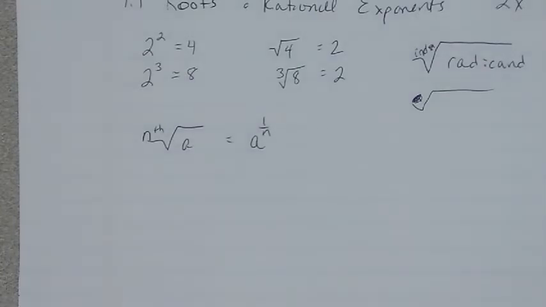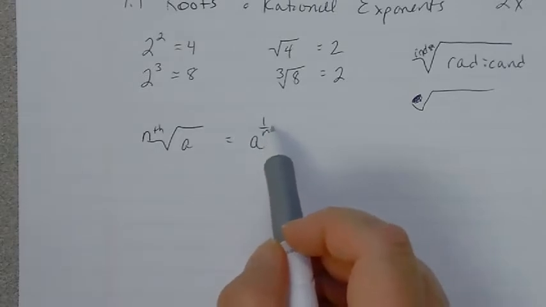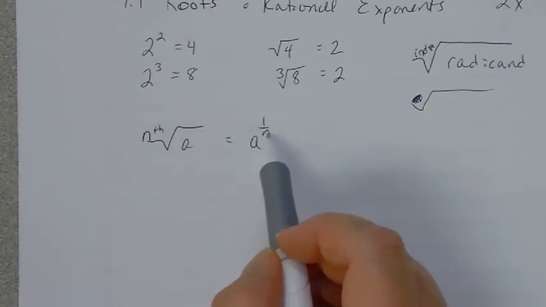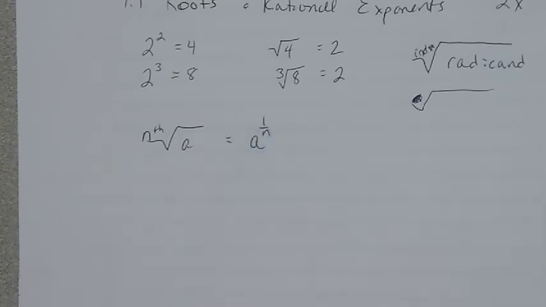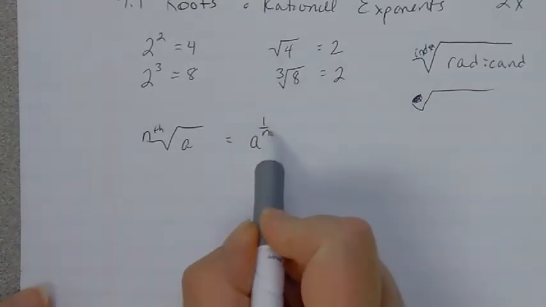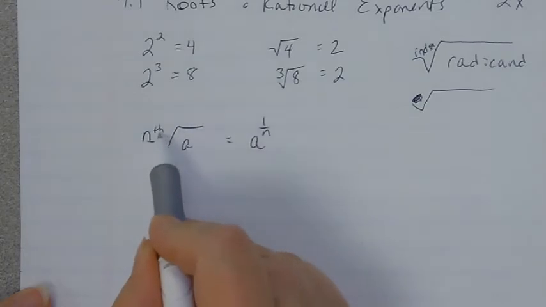So up to this time, you've always had just some kind of integer here, some kind of whole number. Sometimes it's negative, but it's never been a fraction. So we're going to turn this into rational exponents. So you can see in a rational exponent, the denominator of the fraction becomes the index number.